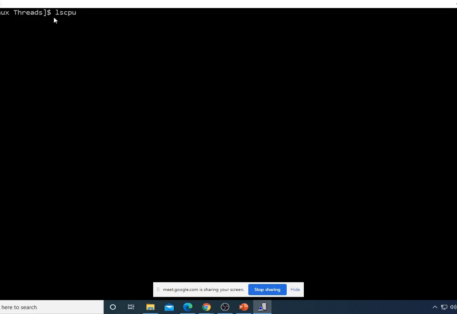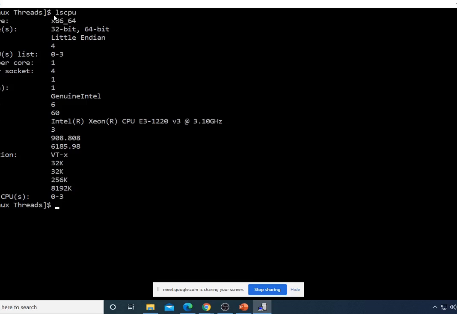This command gathers all the information related to your CPU. Pay attention to this line. It says there are 4 CPUs, 4 cores for your CPU.